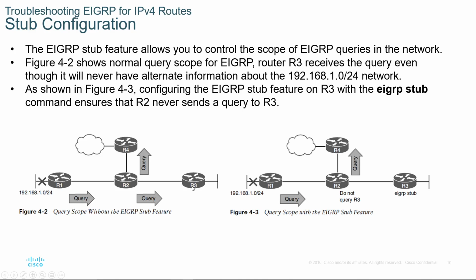Now, when you hit a stub router, like in this here, router 2 knows not to send a request, a query, to the stub because it's only got one path and its routes are its routes that are advertised. There's no other repathing available to it as it's only one entry in and out.